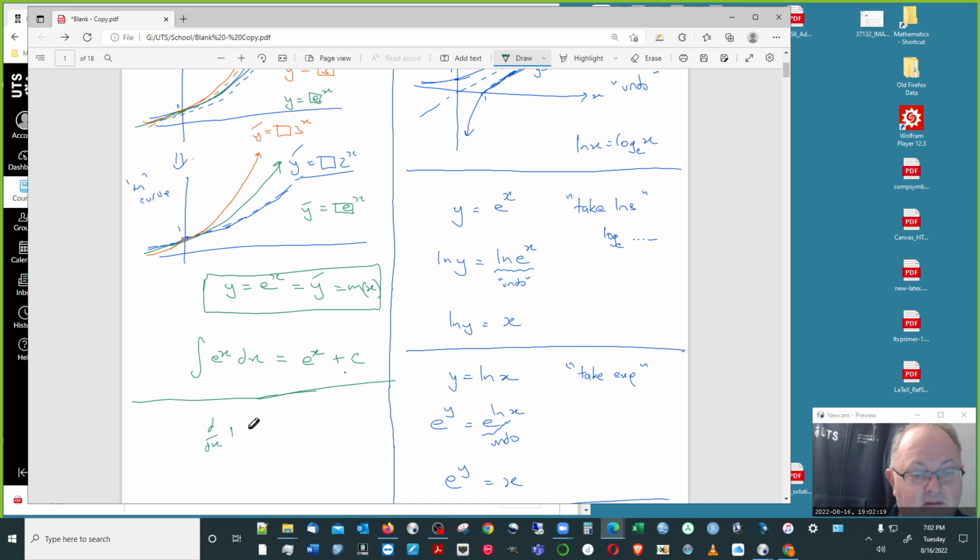d dx of 1 is what? So now I'm doing that expression type differentiation rather than an equation, y equals 1. What's the d dx of 1? In other words, what's the gradient of the number 1? Has number 1 got a graph?